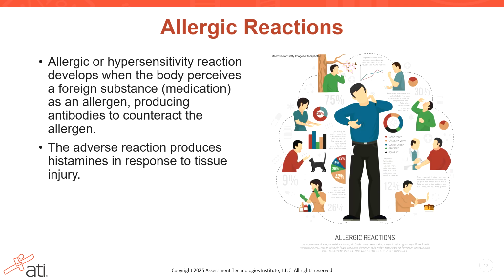Allergic reaction or hypersensitive reaction. This is when our body sees, hey, I've got something here, and it produces antibodies to that substance that it sees. This is all a histamine response. There's a difference between hypersensitivity and allergic reaction. Allergic reactions are going to be things like they're going to have itching.